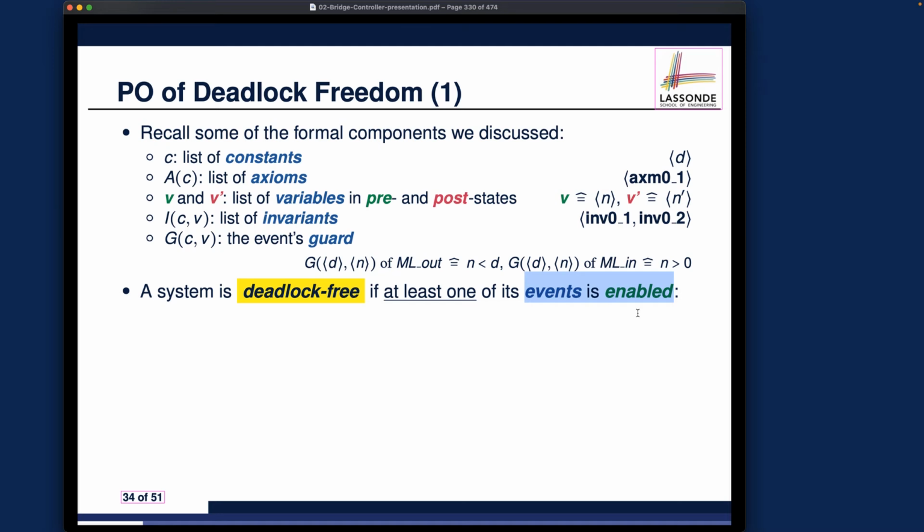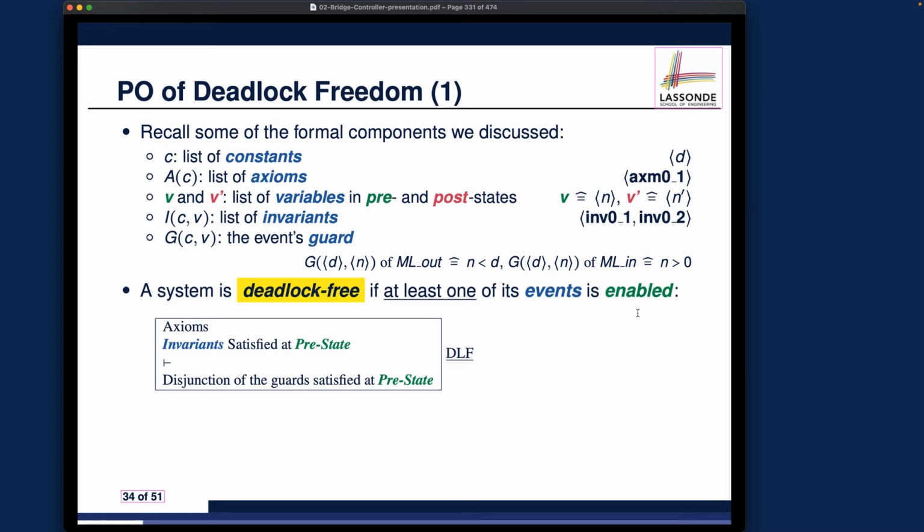If there's at least one event that's enabled, the system can at least have that event occur and make some progress. Maybe after the occurrence of that event, other events will suddenly also become enabled, right? That's the idea. You want to make sure at least one event is enabled at any one time for a system not to be blocked or deadlocked. Okay, that will be the informal sketch.